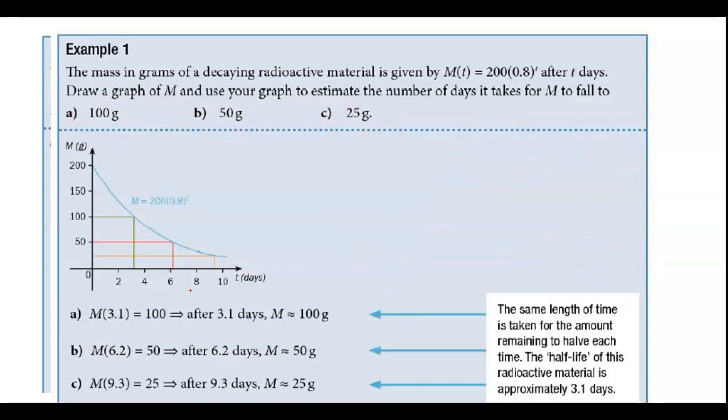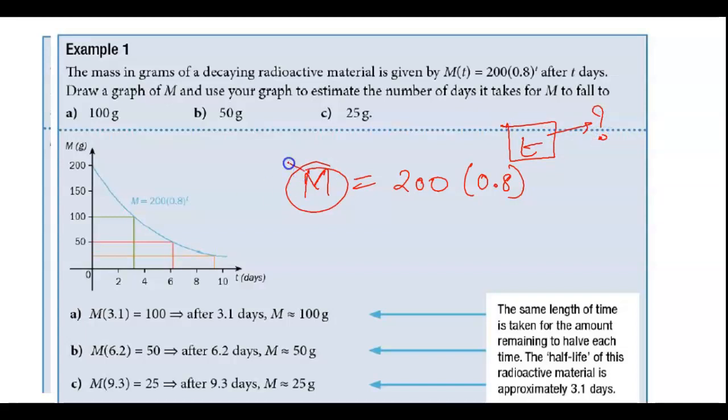So as we keep on changing the values, our function m equals 200 into 0.8 raised to power t. I have to find this t. This value is to be found out, right? For different values of mass, that is for 100 gram, for 50 gram and 25 gram.